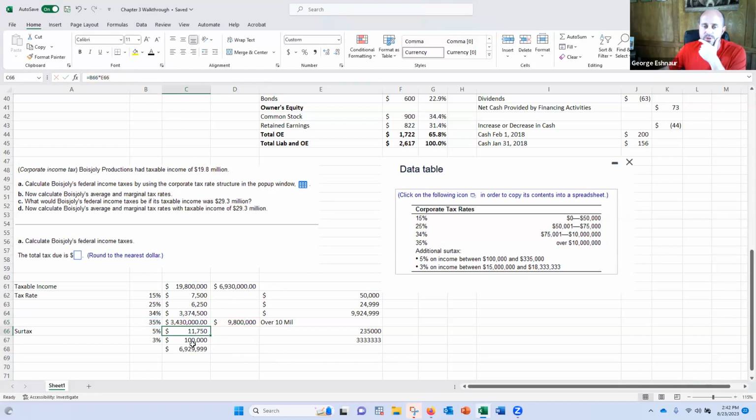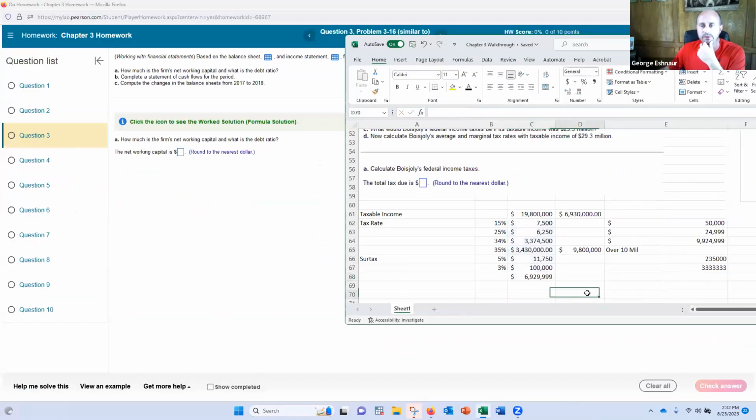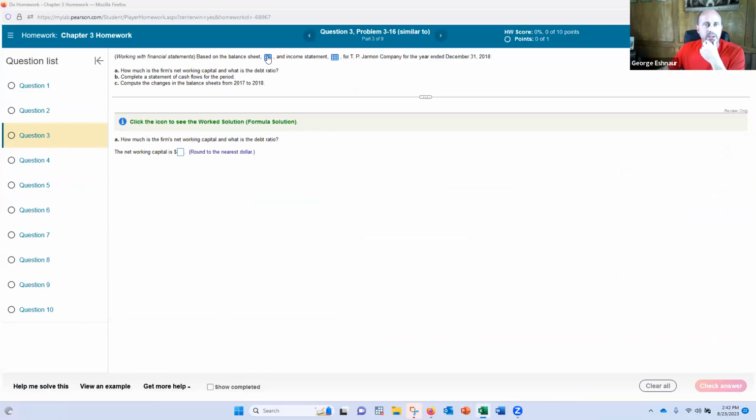Then the same thing for the 5% surcharge and the 3% surcharge, and then come away with the total. So in terms of the 19.8 million they made, 6.93 was taxable.